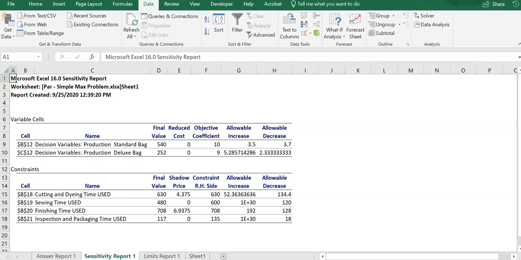So in the sensitivity report in Excel, there are two tables, a variable cells table and a constraints table. In the first one, we had two decision variables, right? So one row for each decision variable.